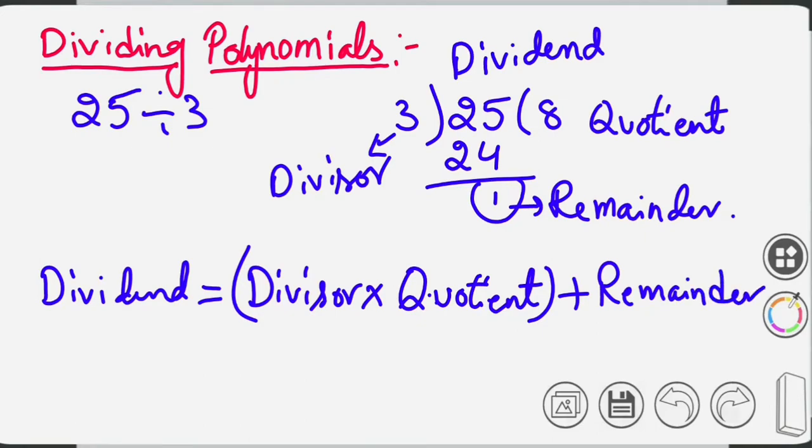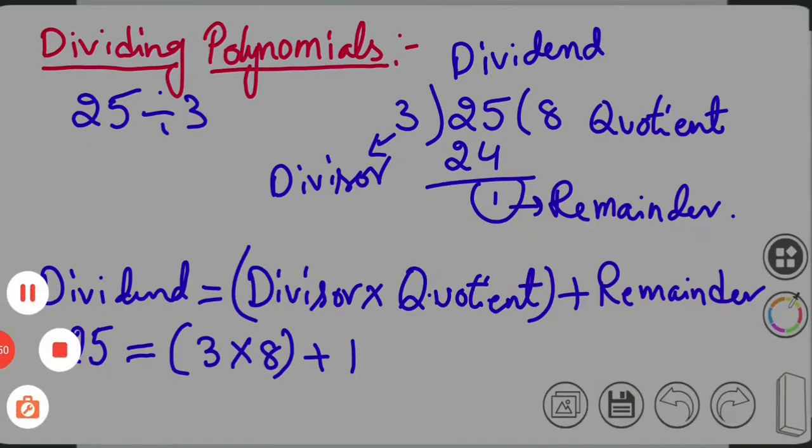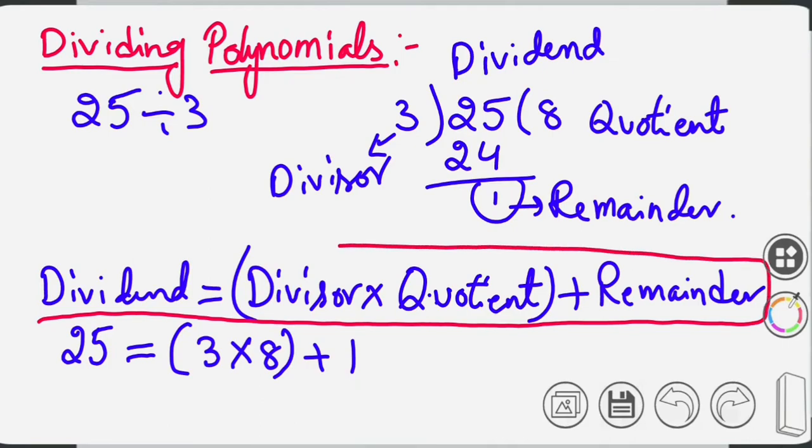So check that dividend. Here the dividend is 25. If you observe, 25 is nothing but 3 into quotient 8. 3 eights are 24, plus 1 you add, then you get 25. This is called the divisibility rule, that is dividend is equal to divisor into quotient plus remainder.